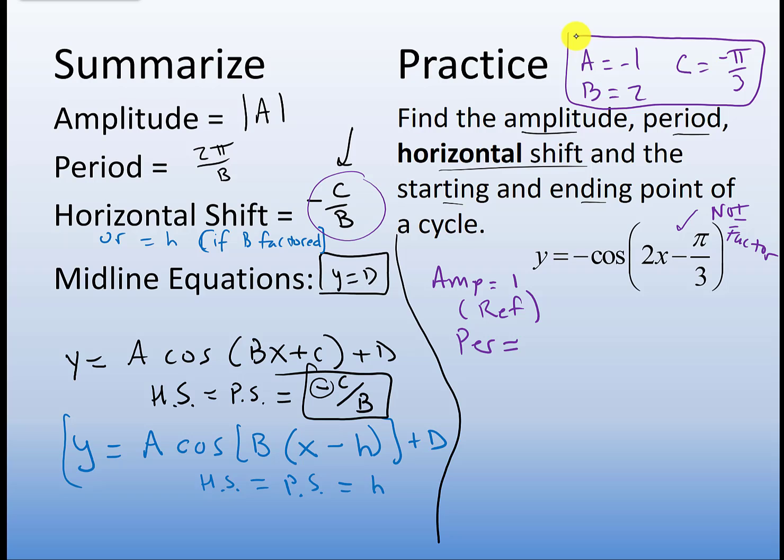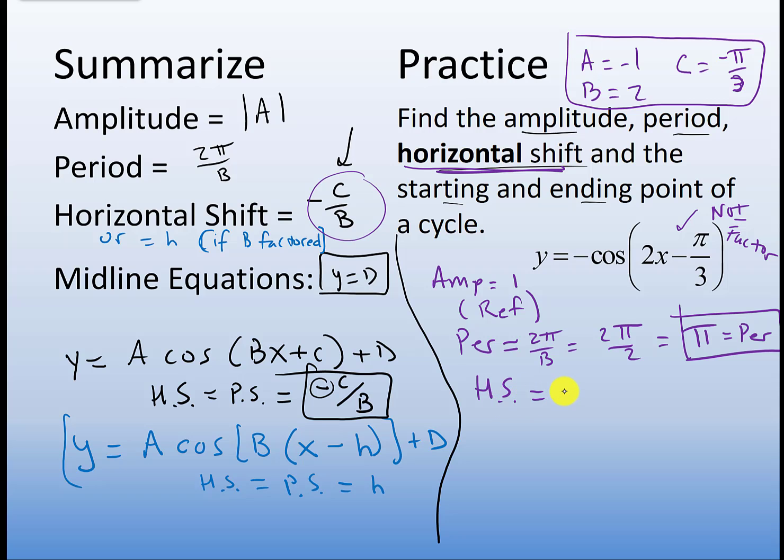But we can use the b to find the period if we go 2 pi over b, which is 2 pi divided by 2, which is pi. So the period is pi. That wasn't too involved.